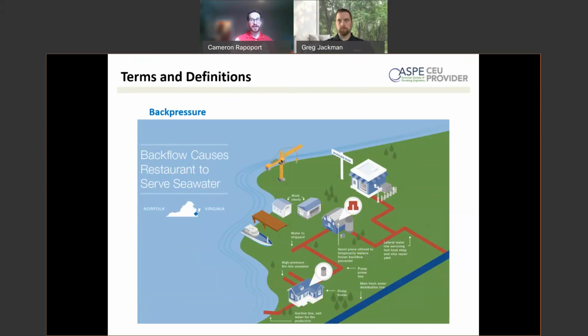I actually have a great case here. This is backflow causing a restaurant to serve seawater, and this is actually a firefighting system. Customers in a restaurant near a waterfront complained of salty drinks. The contamination was eventually traced to an unprotected pump that was priming a line that serviced a high-pressure seawater firefighting system for the shipyard.